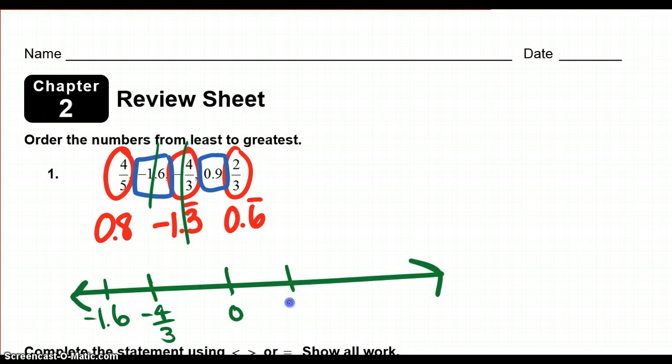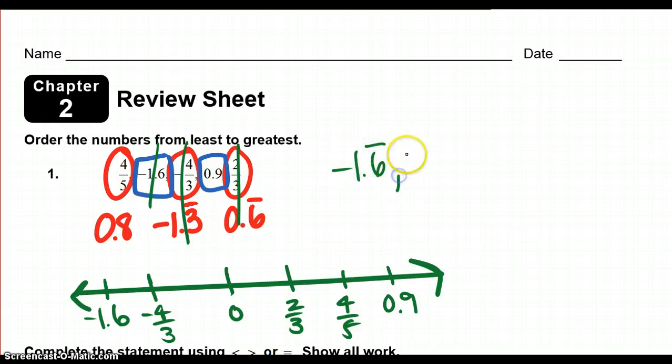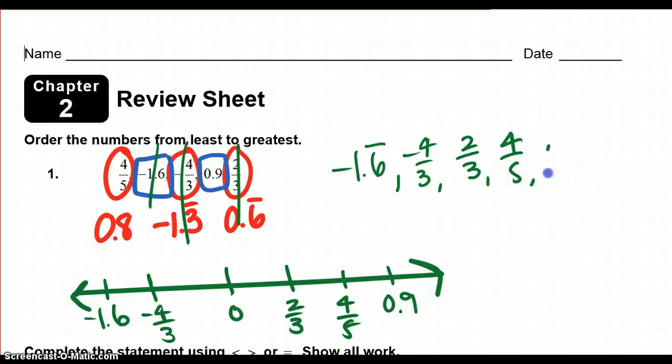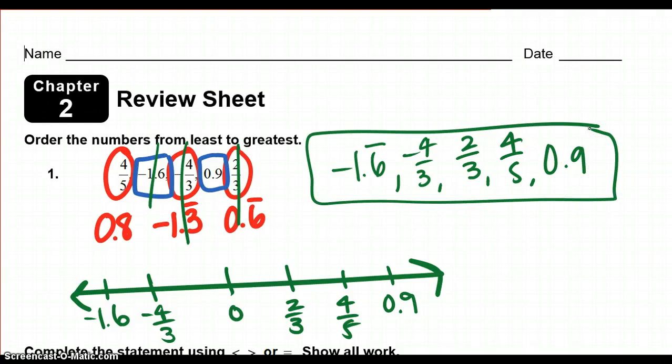So you actually need to write that as 2/3. The next is 4/5 or 0.8. And finally, the greatest value is 0.9. So if I was writing these numbers in order from least to greatest, negative 1.6, negative 4/3, 2/3, 4/5, and 0.9. That would be your final answer.